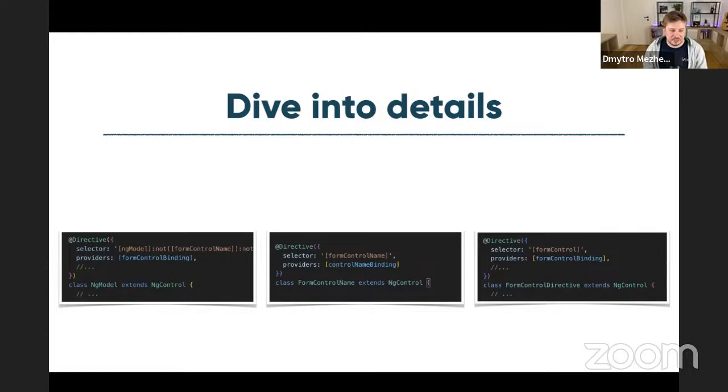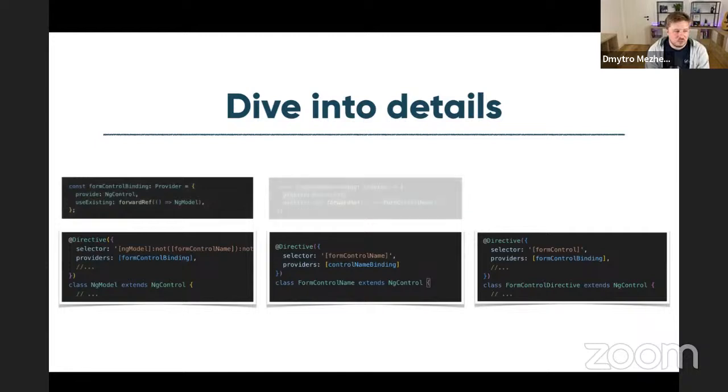Here you can see the first common thing: they all extend the NgControl base class. From there, they inherit a lot of shared API and some logic. Another interesting thing is that they all have certain providers, like you can see the form control binding, control name binding, and form control binding again.